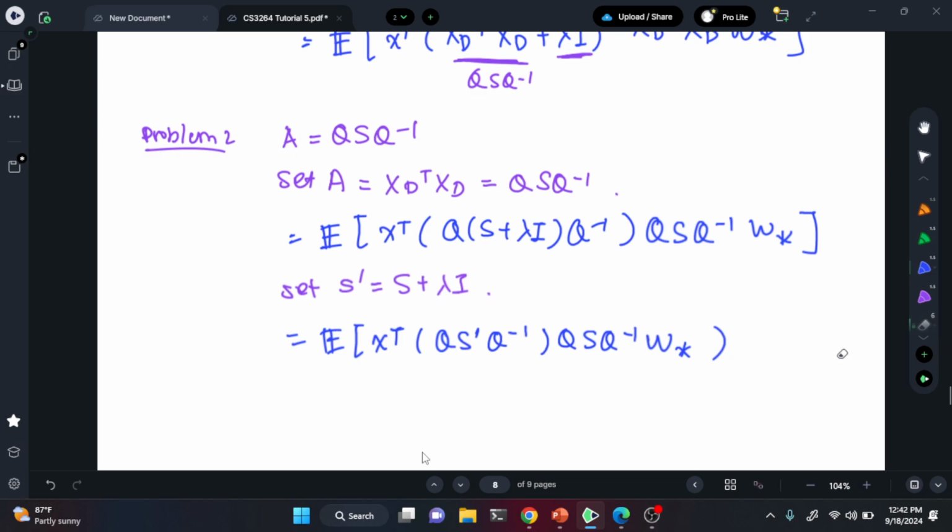Note that in matrix multiplication, if they are in the same order, they are associative. So I can multiply these two things together first. I notice that Q inverse times Q will just be the identity matrix, so this will be eliminated. Now this will be small x^T Q S prime S Q inverse w star.